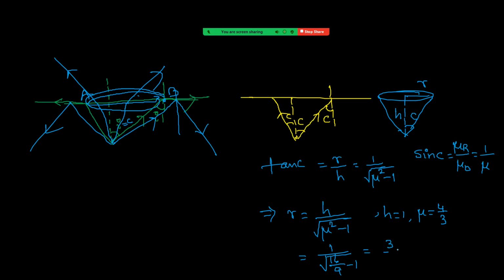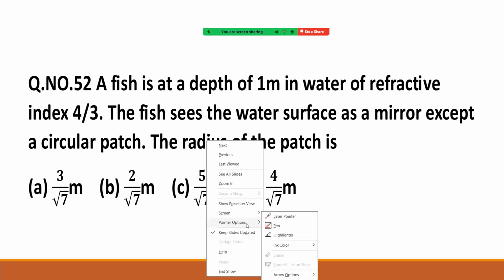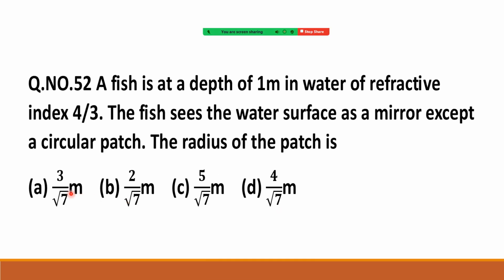That becomes now 3 upon root 7. So through this cone, the fish is able to see the outer world, because for all the remaining, the light rays are completely reflected. So the answer for this one is option A.